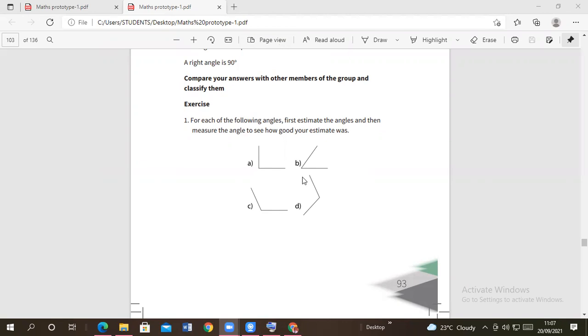Have you finished copying number 1? No. That's right. Do you know how to measure this angle D? Yes. Okay.